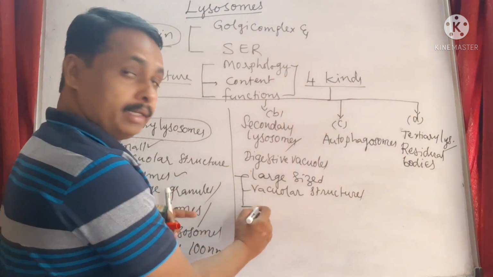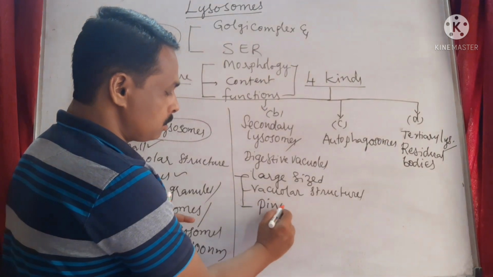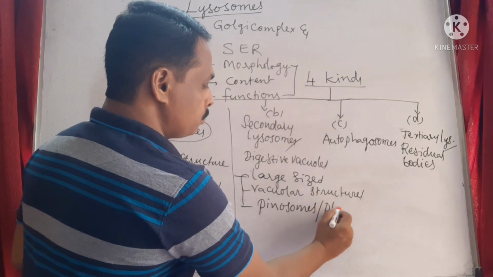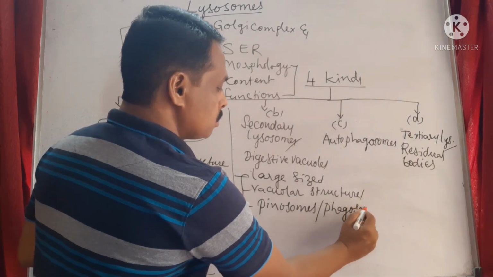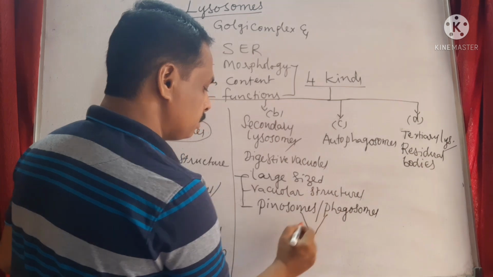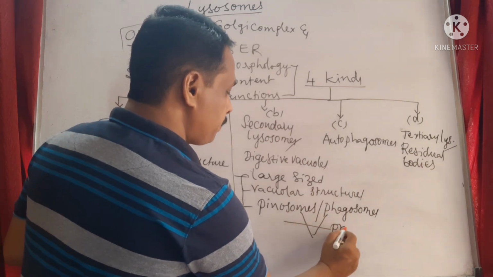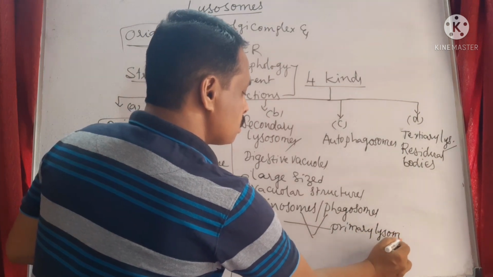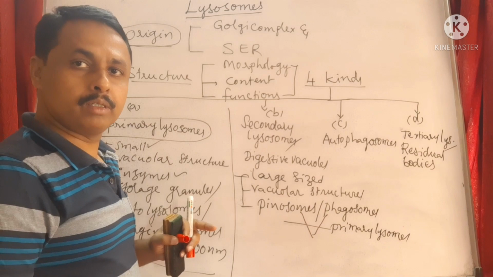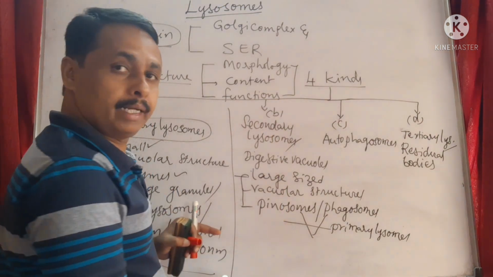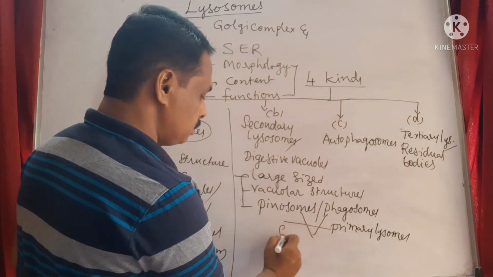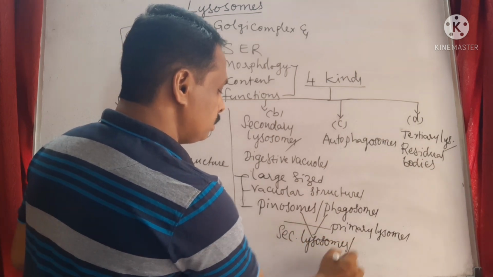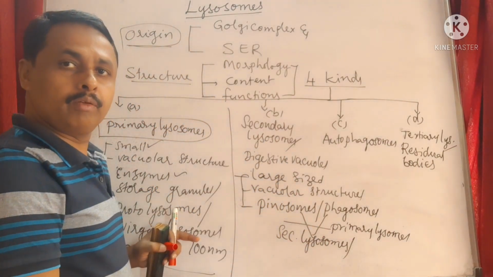When pinosomes or phagosomes fuse with primary lysosomes, then secondary lysosomes, or digestive vacuoles, will be formed.